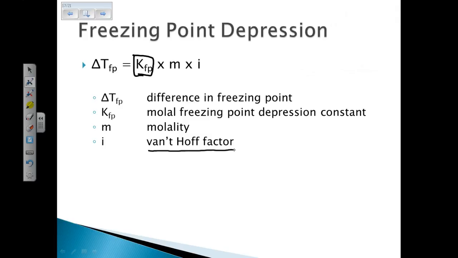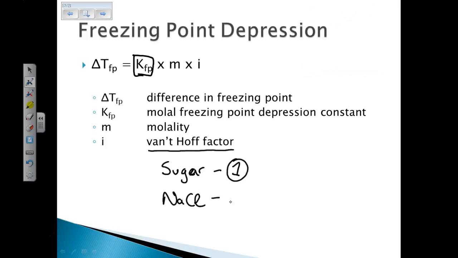The Van't Hoff factor is that thing that I was talking about just a few seconds ago, where sugar, when it dissolves, because it's a covalently bound molecule, you only end up having one molecule floating around in solution, as opposed to sodium chloride.